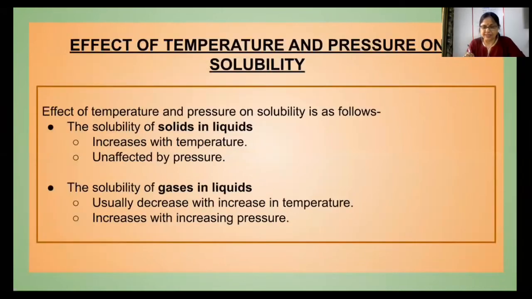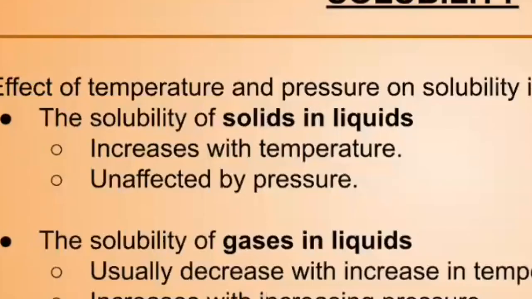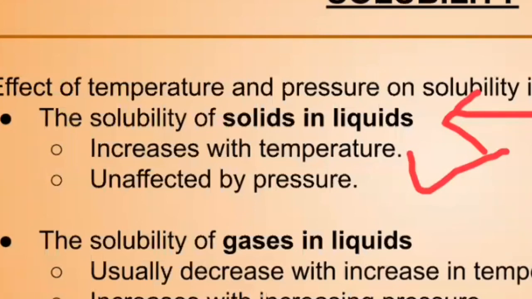Now, the effect of temperature and pressure on solubility. First type is solid in liquid. When solids are dissolved in liquid, the solubility increases with temperature. As you increase the temperature, the solubility will increase.